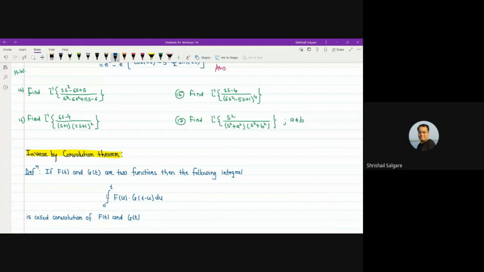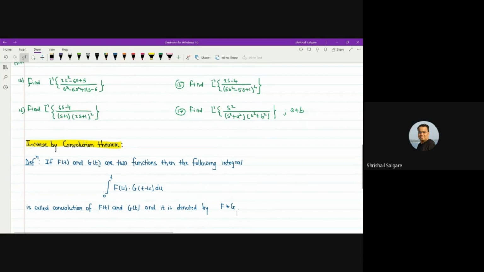Okay, g of t, and the convolution is denoted by F star G. For capital F I'm using F, and star G, that is a convolution.